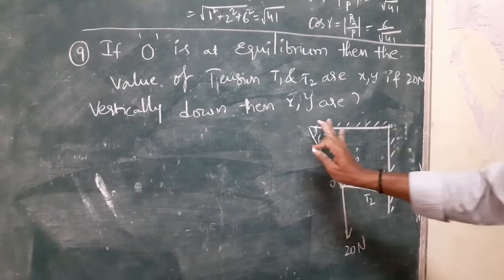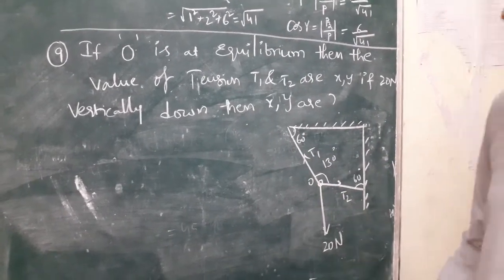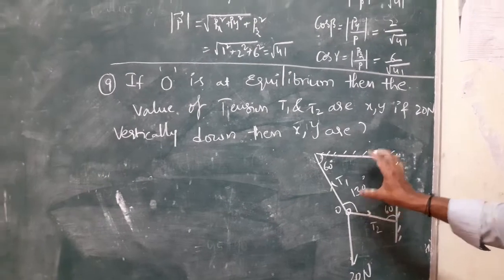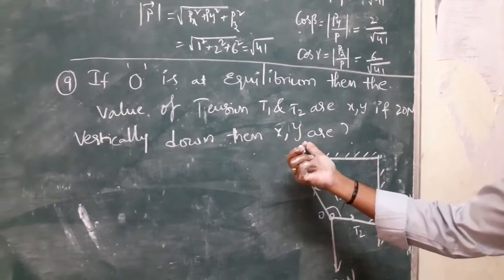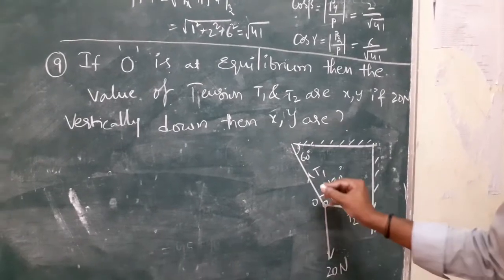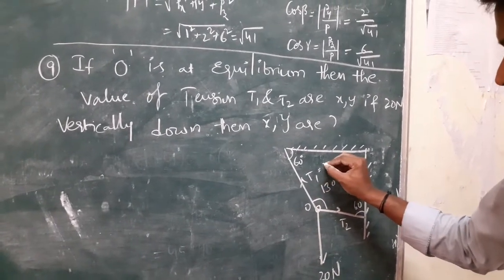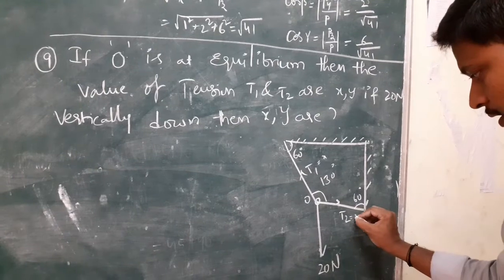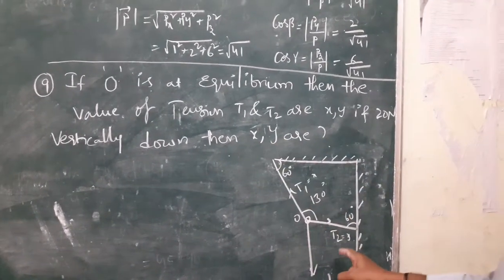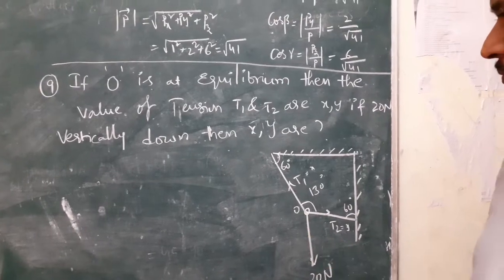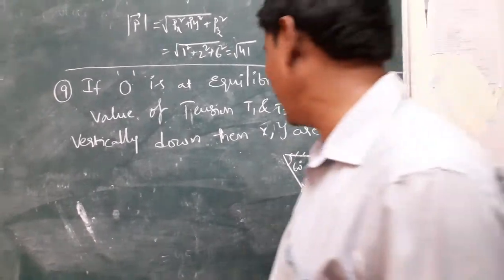This is the problem, and the diagram is also given. Then find the tensions: assume tension T1 is x and tension T2 is y. Then we are going to find the x and y values.